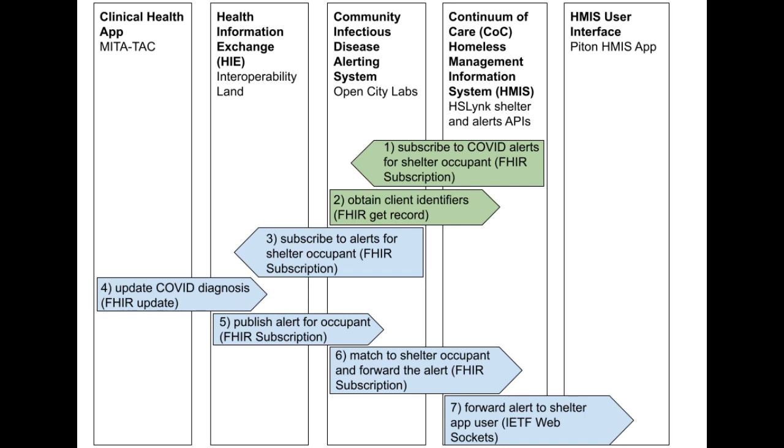If the HMIS client ID is not already in the CDIS person matching repository, the CDIS uses a FHIR GET operation to retrieve additional client demographic identifiers from the HMIS, and then uses FHIR to search for matching Electronic Health Record System, or EHR, patients to get the associated patient ID.